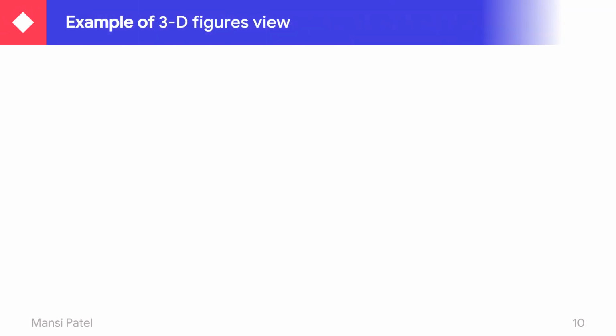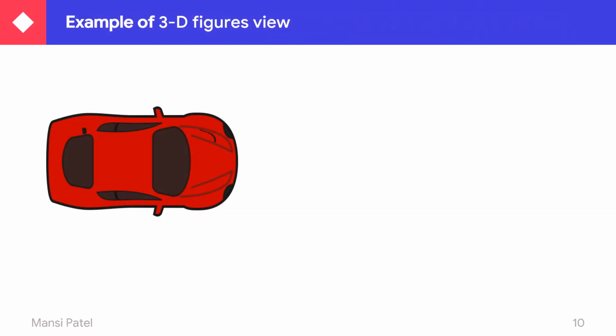Let us see some more examples of 3D views. See here, this is the picture of a car. From which view can you see this view of the car? The answer is top view. When you look at the car from the top side, you can see this image.